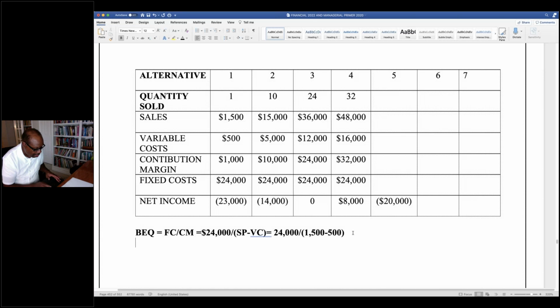So we come to what's called a target loss formula. Target loss quantity is always going to equal fixed costs minus target loss, divided by the CM.